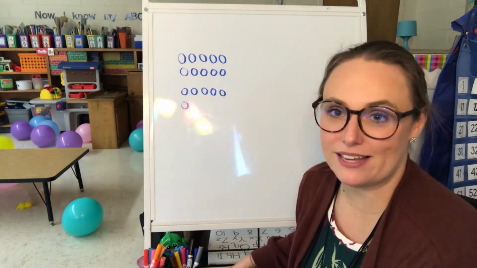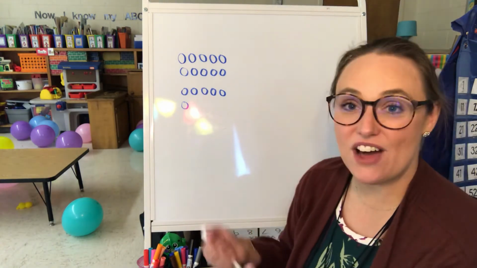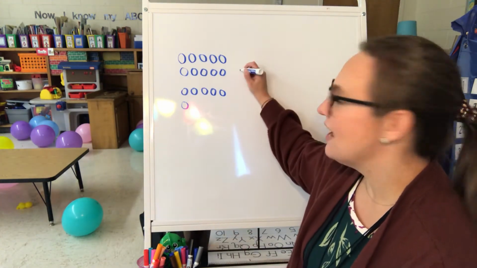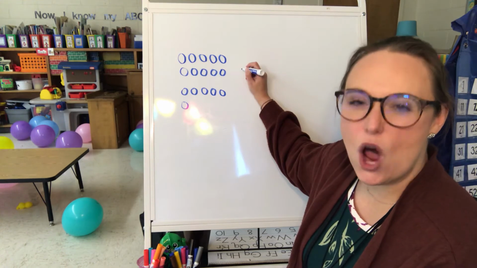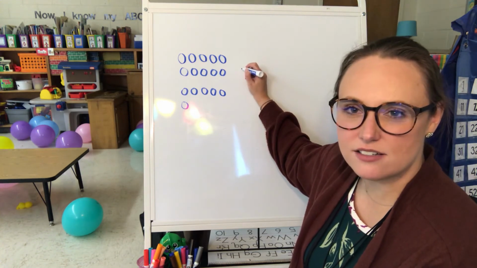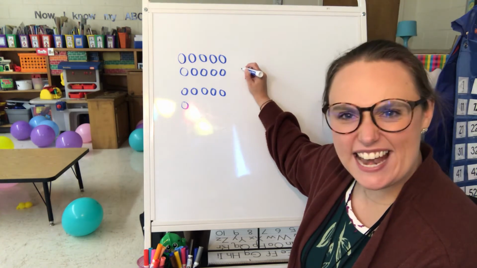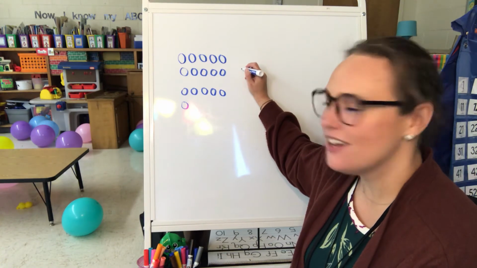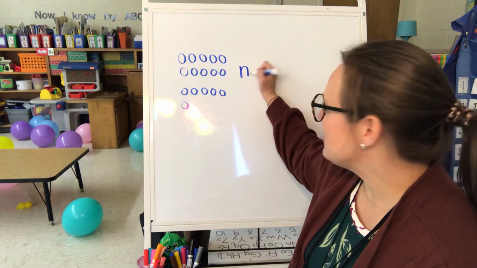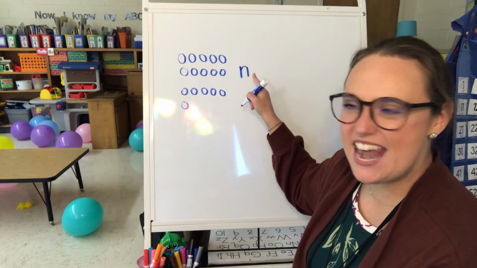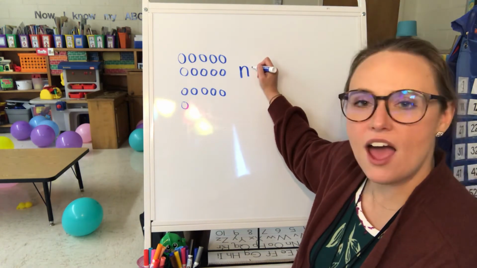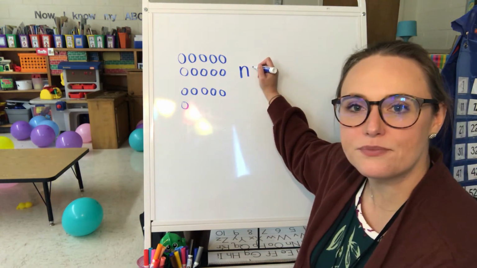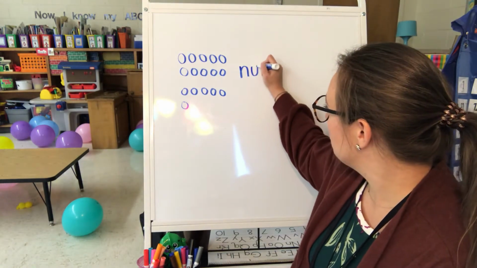Help me spell it. We're going to sound it out and spell it. Ready? What sound is that? How do I spell with an N? Good job. Write this on your paper too. How do I spell with a U? Write it on your paper.